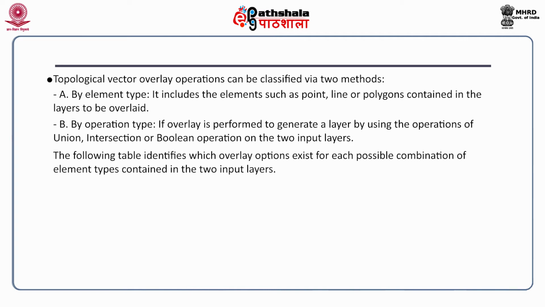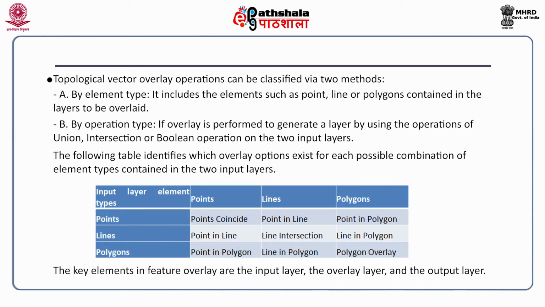So, the following table identifies which overlay options exist for each possible combination of element types contained in the two input layers. For example, as I said, the input layer types could be point, line or polygons. If we look at the various combinations of point, line and polygon, if two points are overlaid, then the possibility is the points coincide. Similarly, for points and lines, the possible combination is point in line, and for polygon, it is point in polygon.